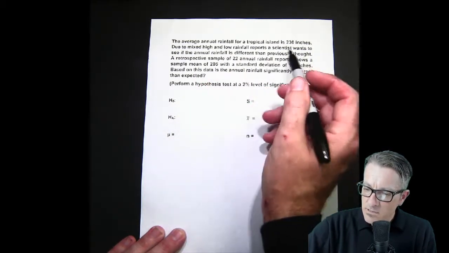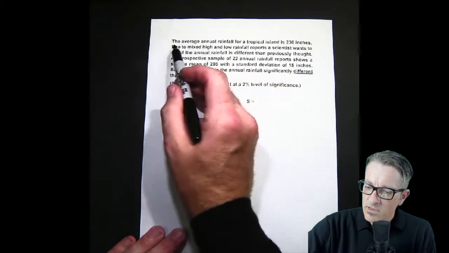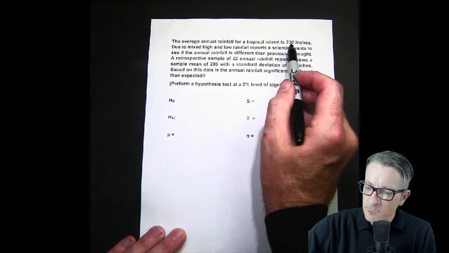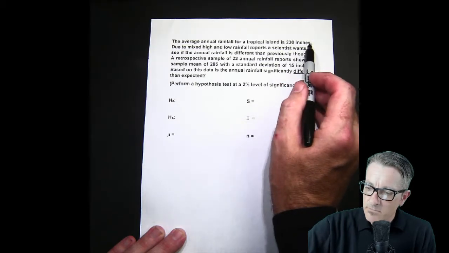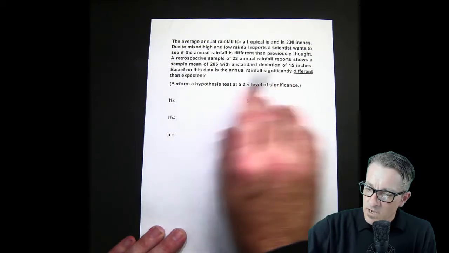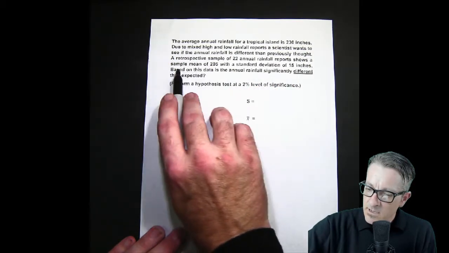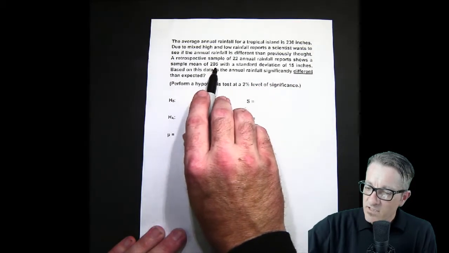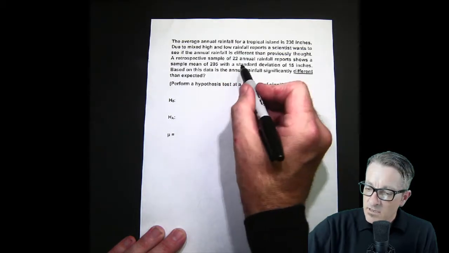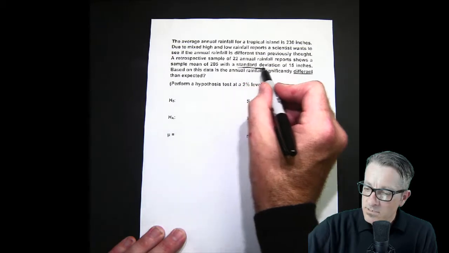One way you can tell is the question talks about the population mean, and then it stops, whereas most of the time these problems will go to the sample area. It'll say sample mean of 205 with a standard deviation of 15 inches. This is the sample standard deviation.